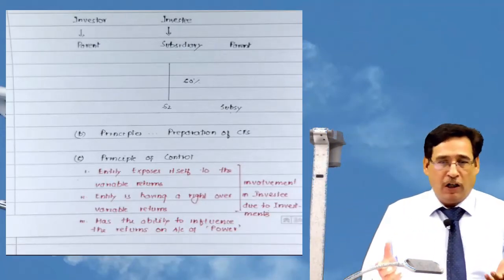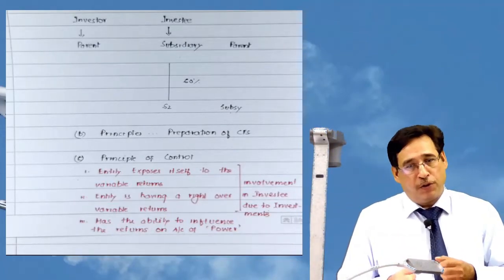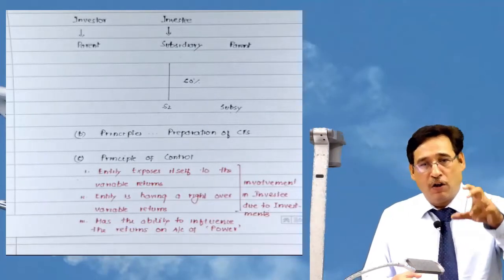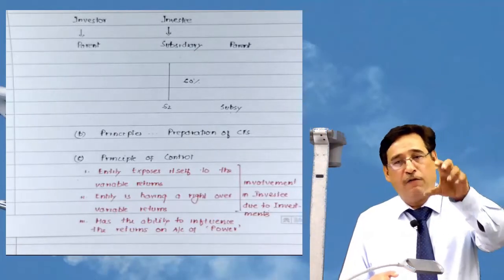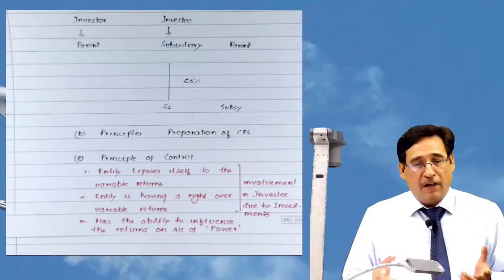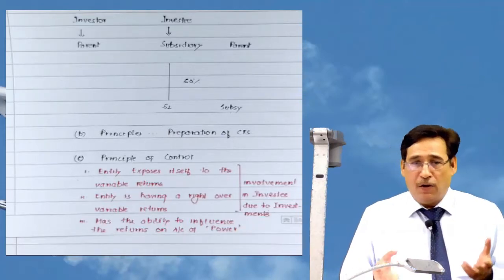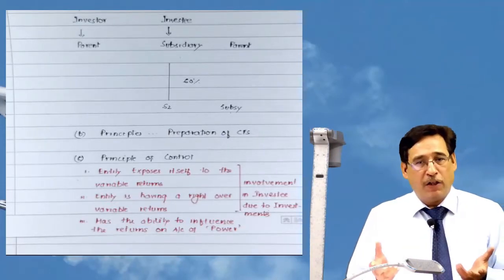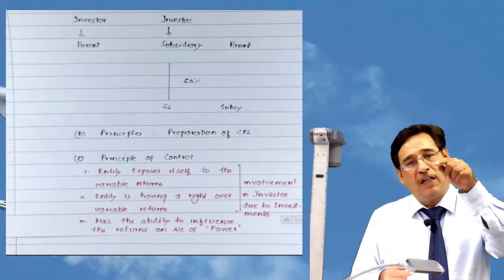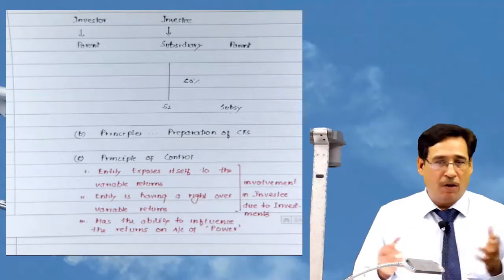It can happen only when you are in a position to dictate the terms, when you are in control of all the relevant activities of that particular entity. But the problem is that it is not so easy. When we invest in a particular company, do we acquire the power enough to influence the activity of that particular company?